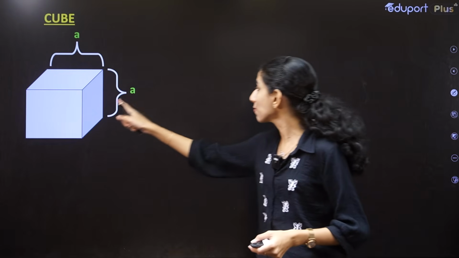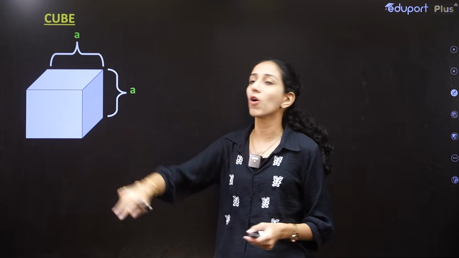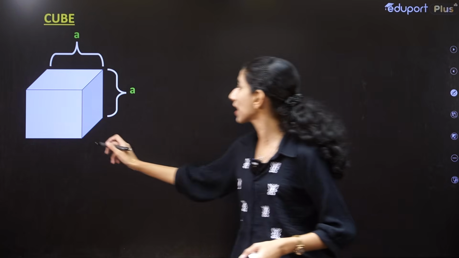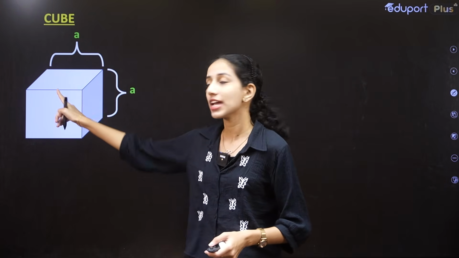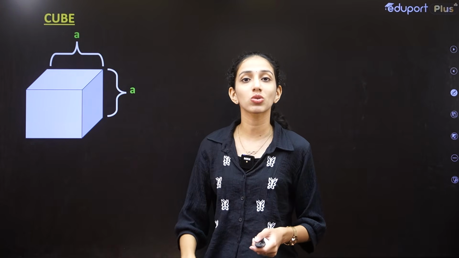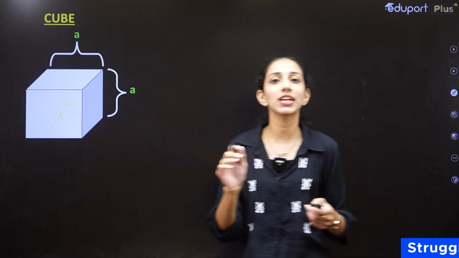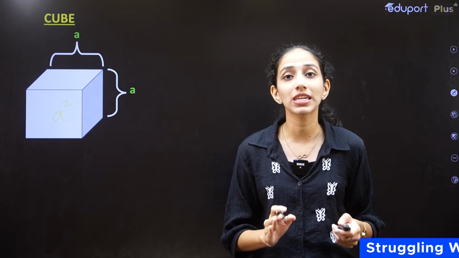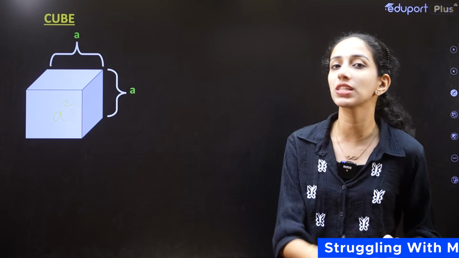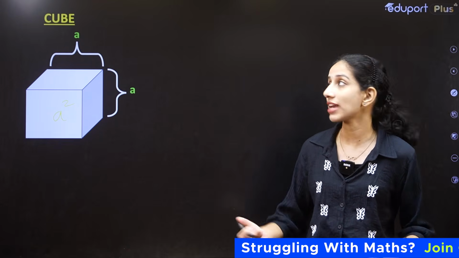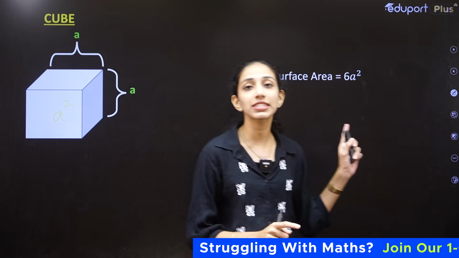So, what will be the area of one face? If I consider this as a face, it has side a, so its area will be a square. And how many faces does it have? 6 faces. So, what will be the total surface area of the cube? The total surface area of a cube is 6 into a square, that is 6a square.